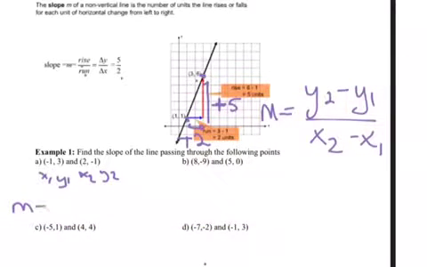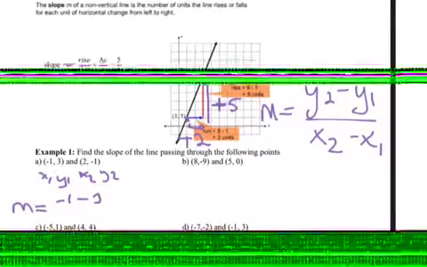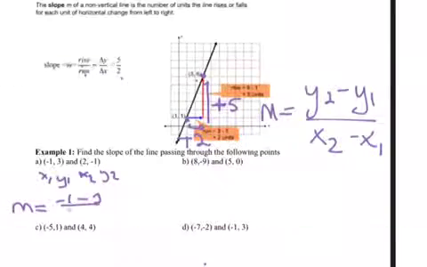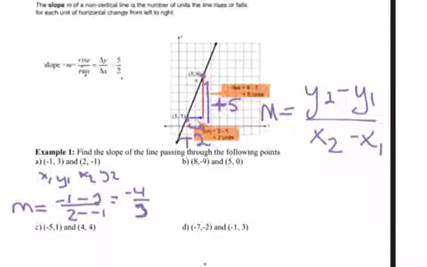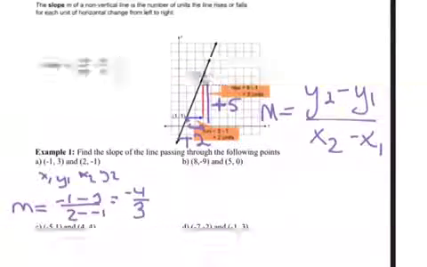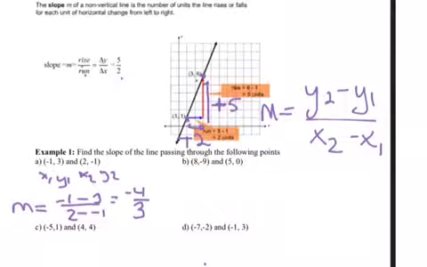I know that if I have y2 minus y1, that gives me y2 is negative 1 minus y1, which is 3, over 2 minus negative 1. So negative 1 minus 3 is negative 4. 2 minus negative 1 is 2 plus 1, which is 3, so negative 4 over 3 all together. Sorry, I'm writing with a new pen, so I'm still getting used to this thing. There we go. Okay, so m is negative 4 over 3 in this case.